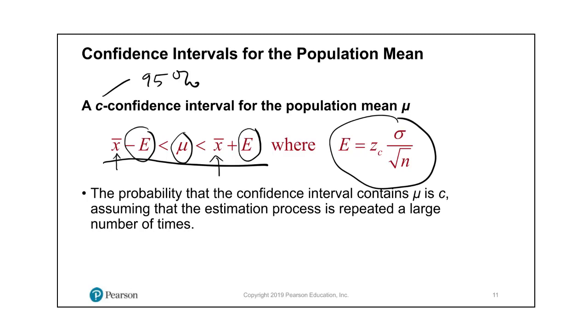Now the probability that this confidence interval contains mu is C. That's the probability, the confidence level that we're stating, assuming the estimation process is repeated a large number of times.